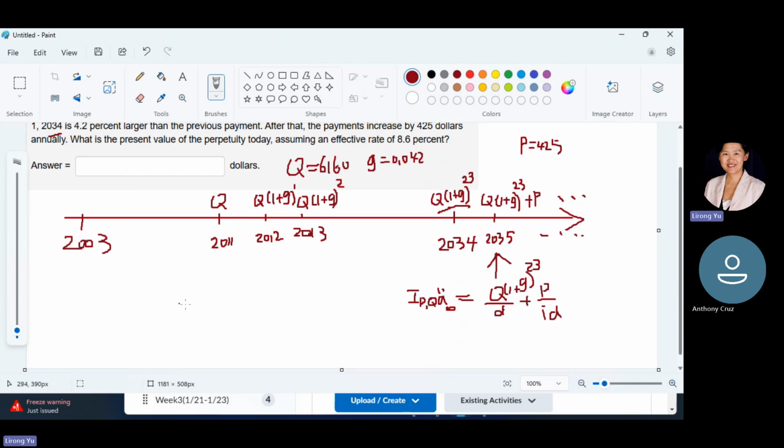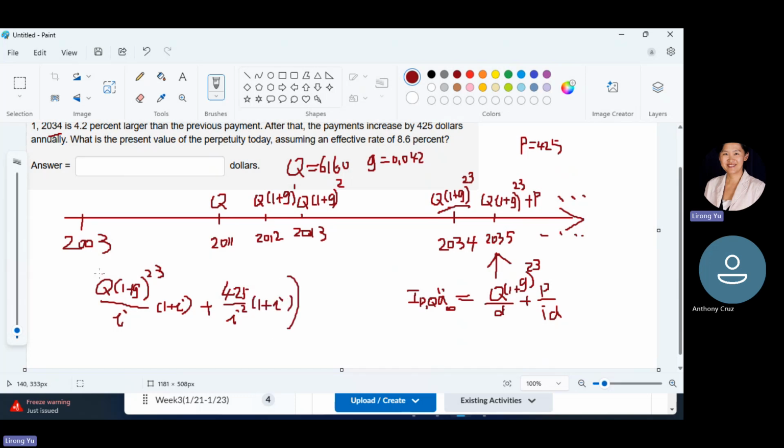So the calculation will be Q times 1 plus G to the power of 23 over d, where d is actually i times 1 plus i, plus 25 over i d, so that's going to be i squared times 1 plus i.